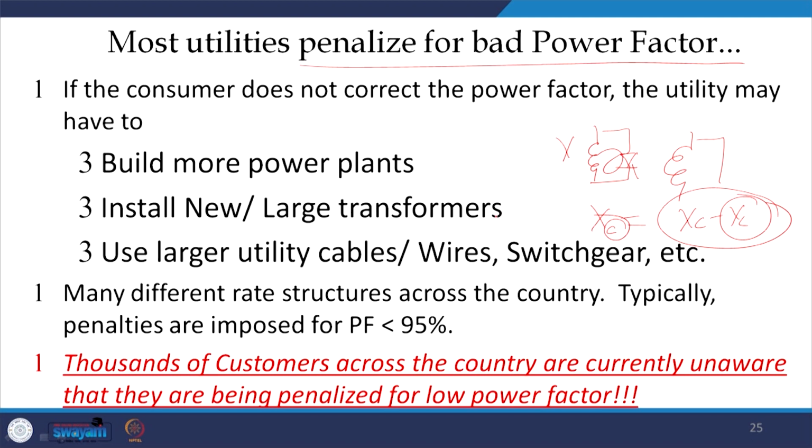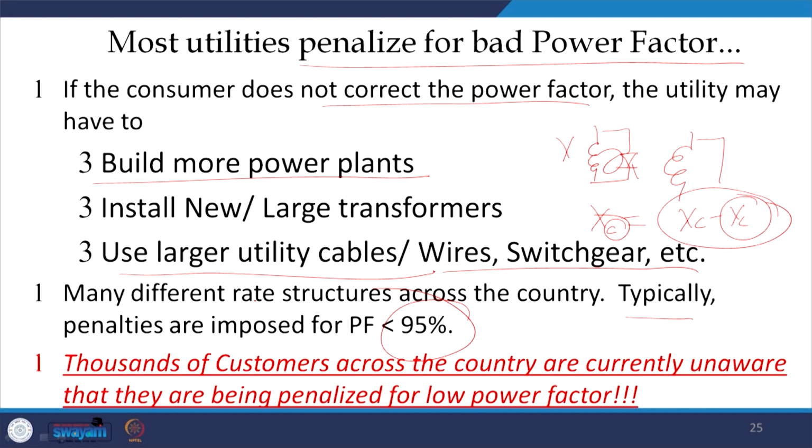If the consumer does not correct the power factor, the utility has to build more power plants and install new, larger transformers, larger utility cables, wires, switchgear, etc., to handle the higher kVA rating. There are many different rate structures across the country, and typically in India, industrial houses are penalized for having a power factor less than 0.95.